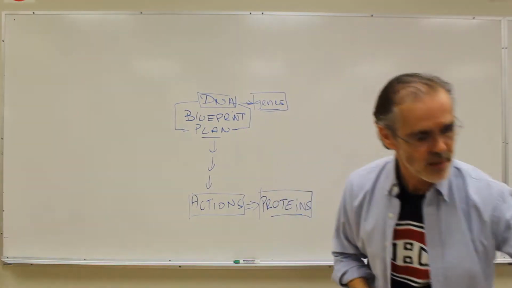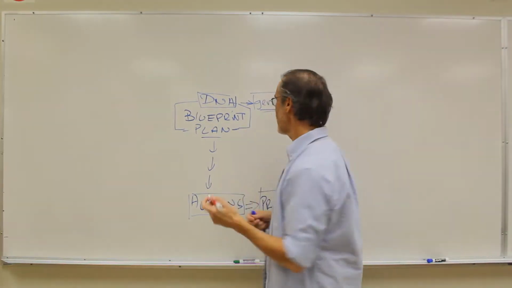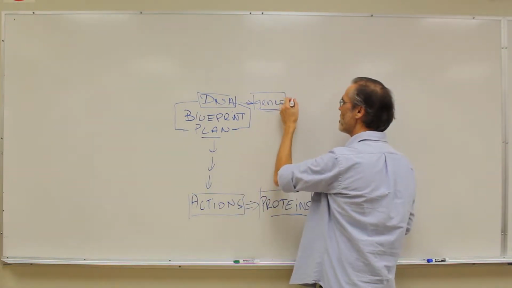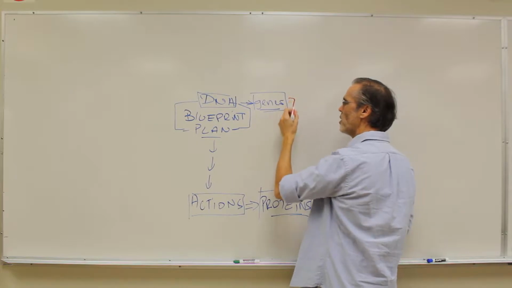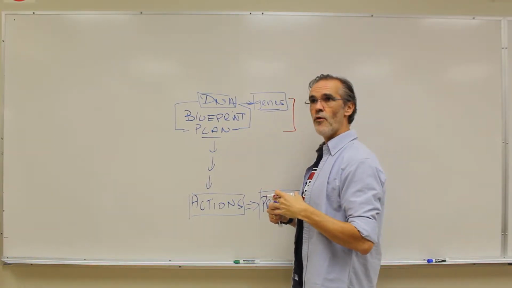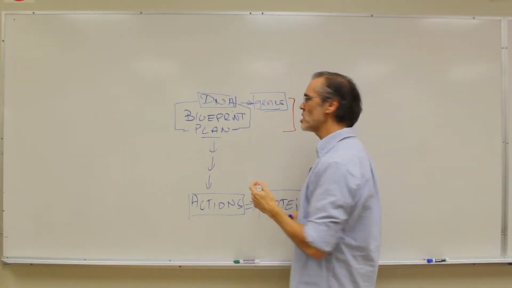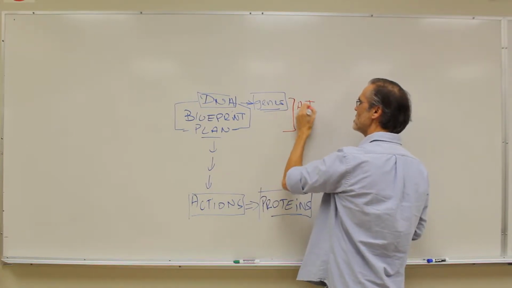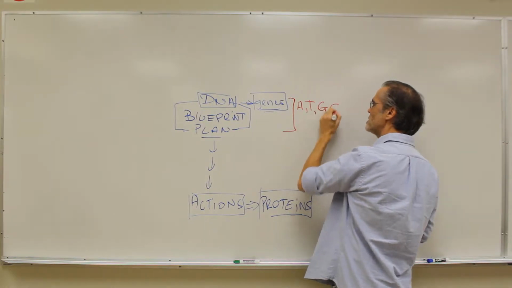The problem is that DNA is written in a certain language. And that language, the letters or the vocabulary of these genes, is written in A's, T's, G's, and C's, right?